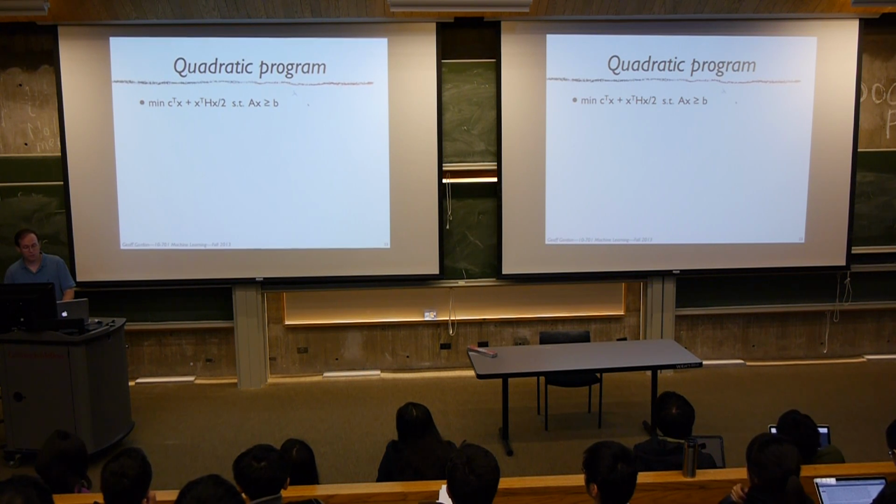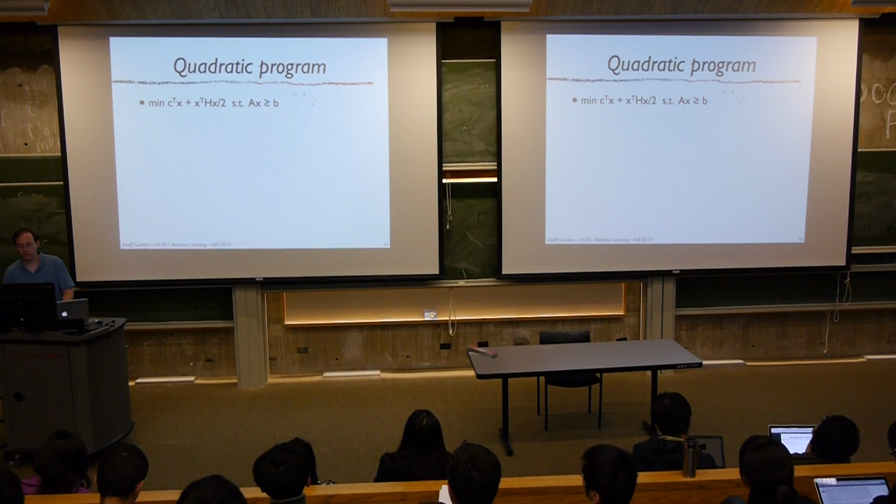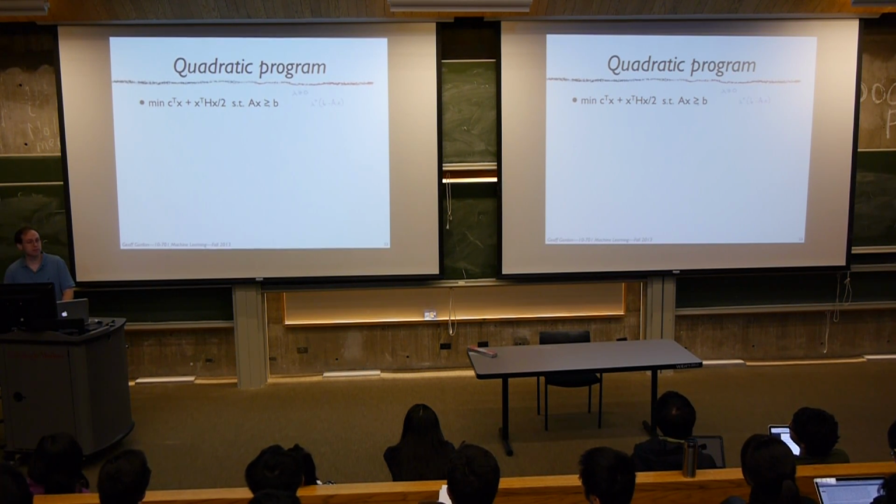And we're going to write down the generalization of what we wrote before, where lambda is going to be greater than or equal to 0, right? And lambda transpose times b minus Ax, right? So every component of b minus Ax has to be less than or equal to 0. Every component of lambda has to be greater than or equal to 0. So this whole thing is going to be a scalar that's less than or equal to 0.